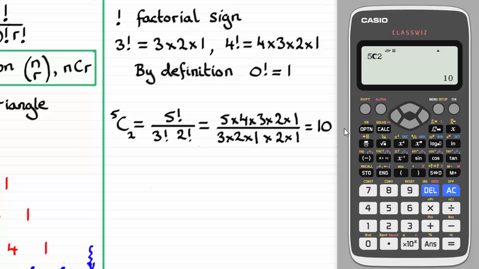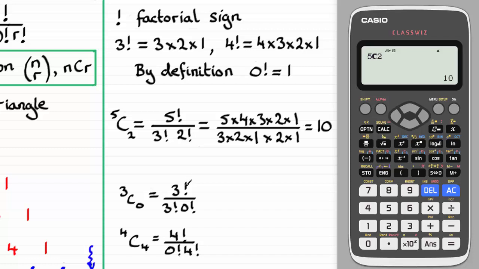Now what I want to also show you are a couple of special results, and I'll take these as examples, 3C0 and 4C4. With 3C0, you'll notice that r is 0, so we end up with the r factorial being 0 factorial down here. And in this example, r is 4, and when it comes to n minus r, we end up with 0 factorial in this position.